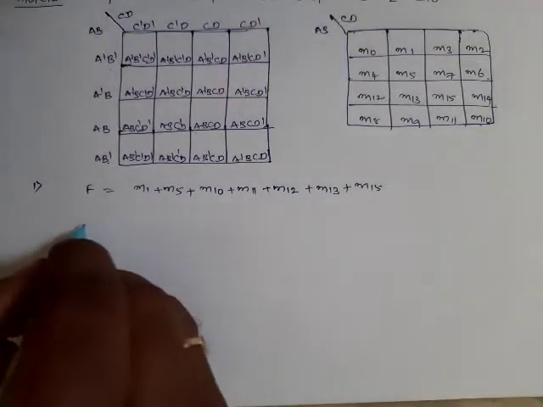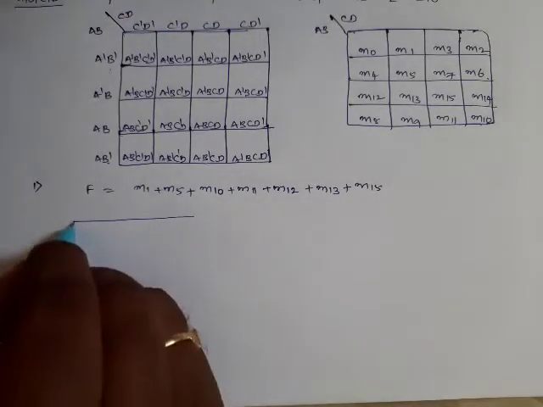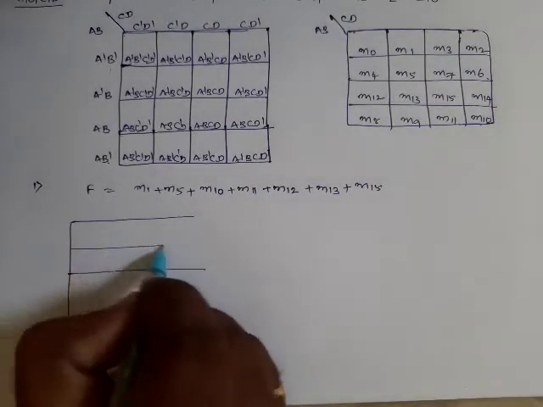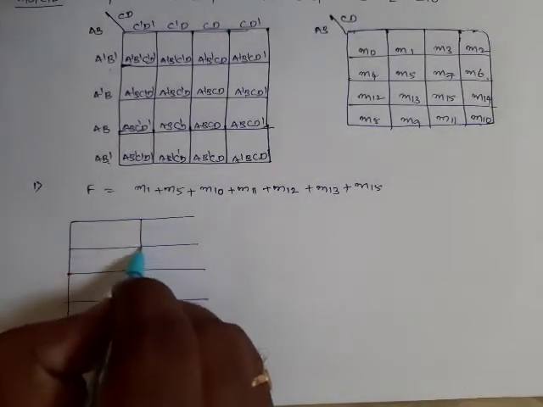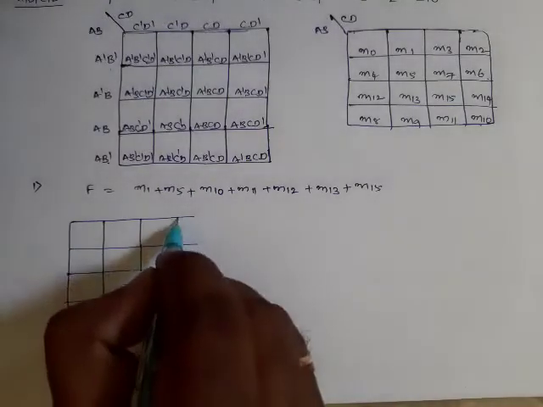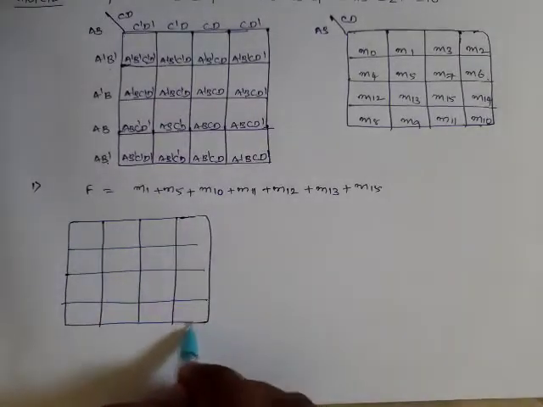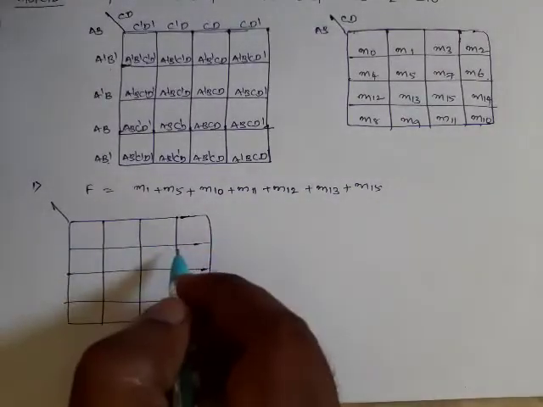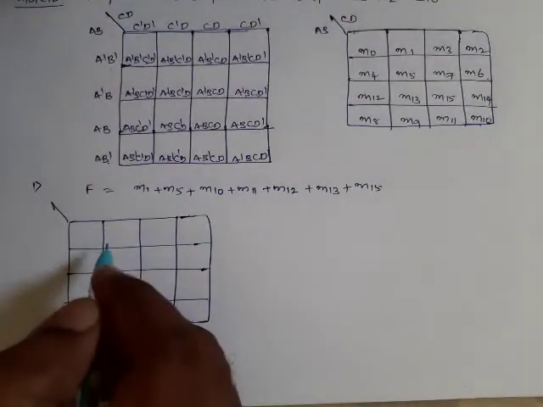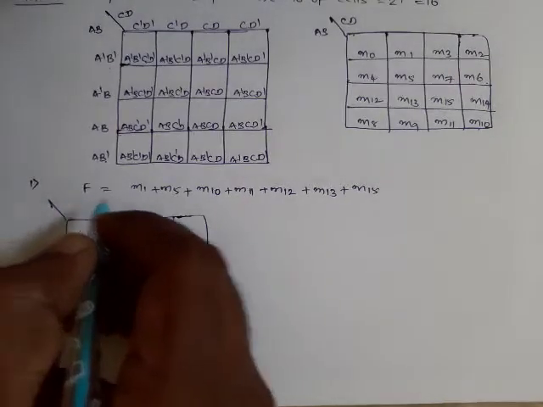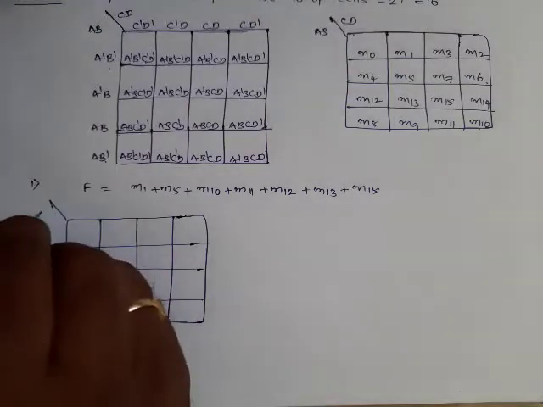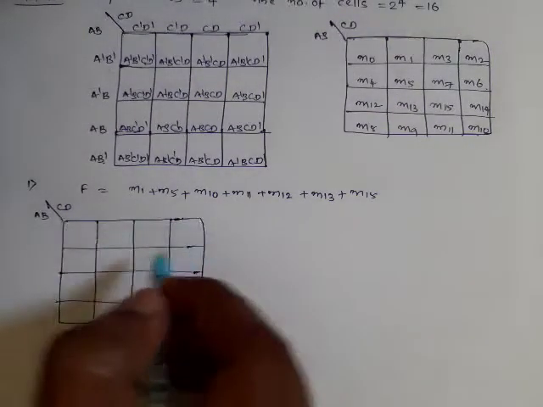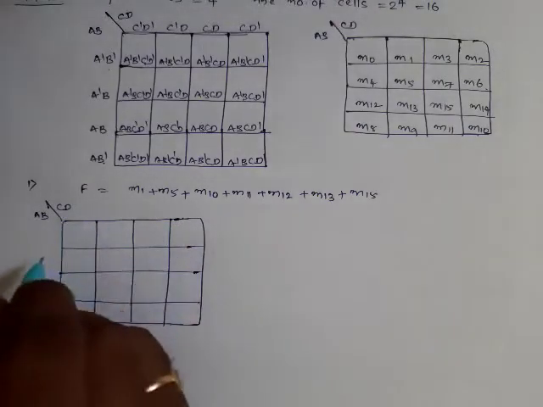So we need to construct a 4 variable kmap, a four variable 16 cell kmap is constructed, and here you can see that we can assume any names for the variables. So here I'll assume a, b, c, d, and then assign values to the rows and columns.